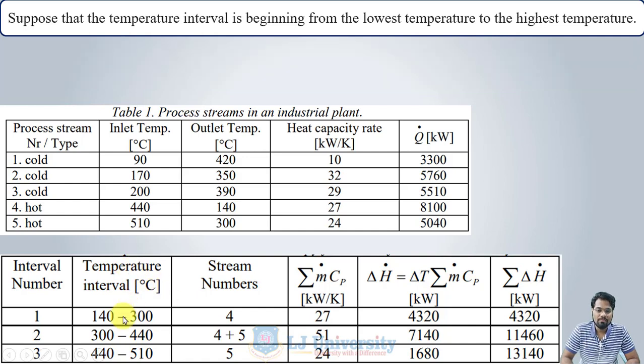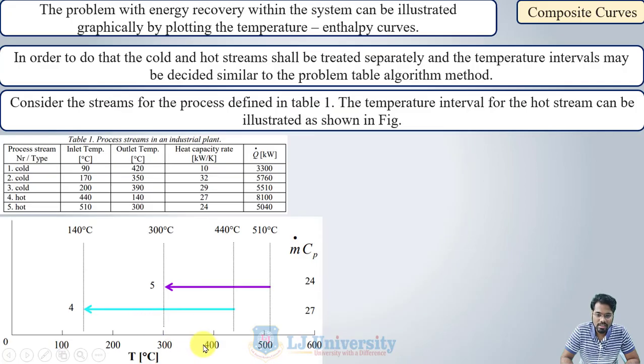From the graph we can see that from 140 to 300. So this is our 140, this is our 300. Between 140 to 300 there is only one stream, which is stream number 4.